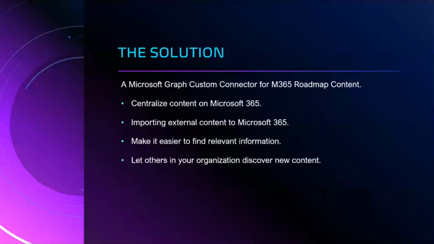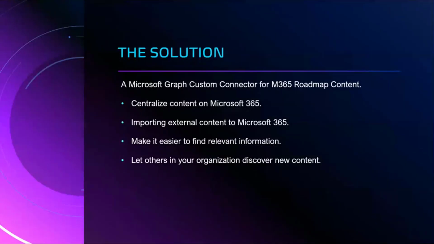Then what would be the solution? The solution could be a Microsoft Graph custom connector for Microsoft 365 roadmap content. Why? Because a Microsoft Graph connector lets you centralize content in Microsoft 365 by importing external content, which is the Microsoft 365 roadmap content.